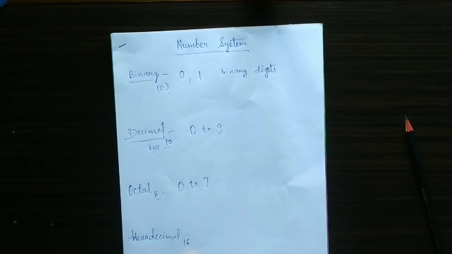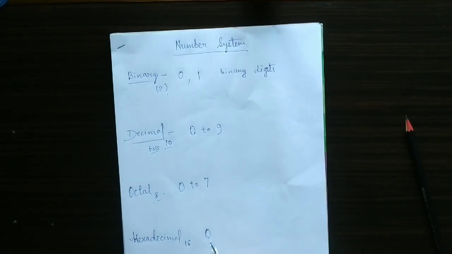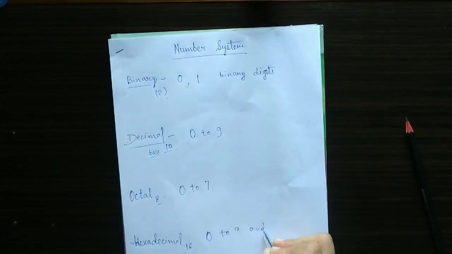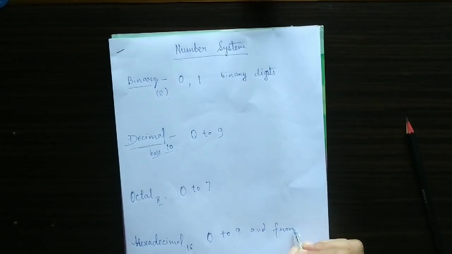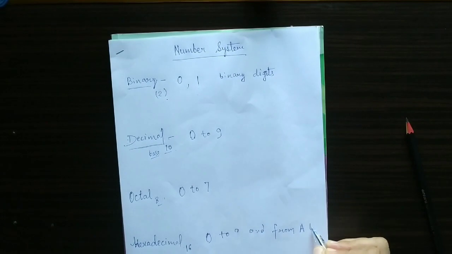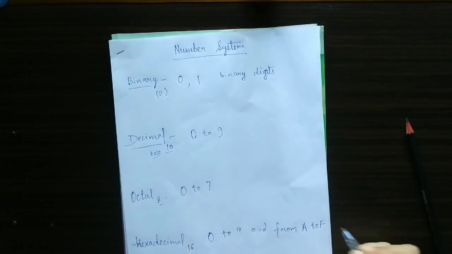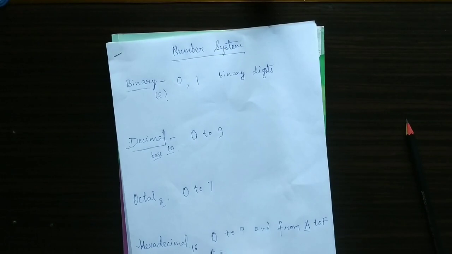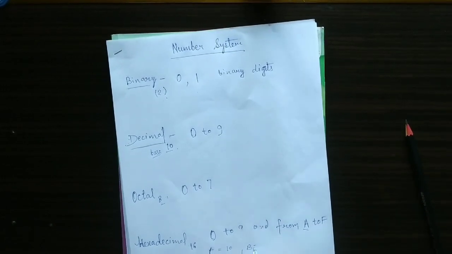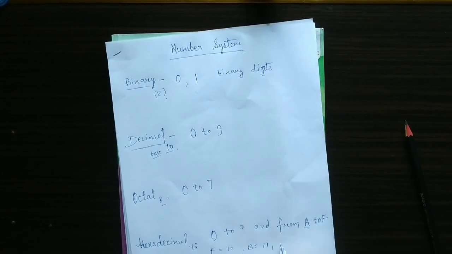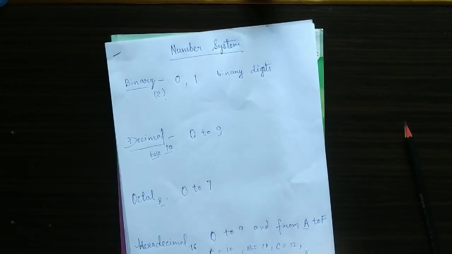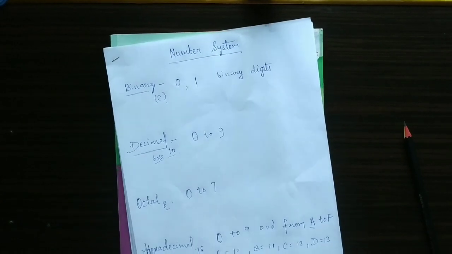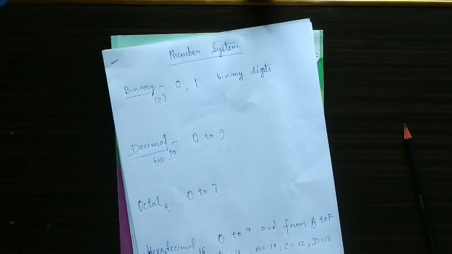and hexadecimal number system consists of 16 digits or 16 symbols, which are from 0 to 9 and from A to F, where A means 10, B represents 11, C represents 12, D represents 13, E represents 14 and F represents 15.